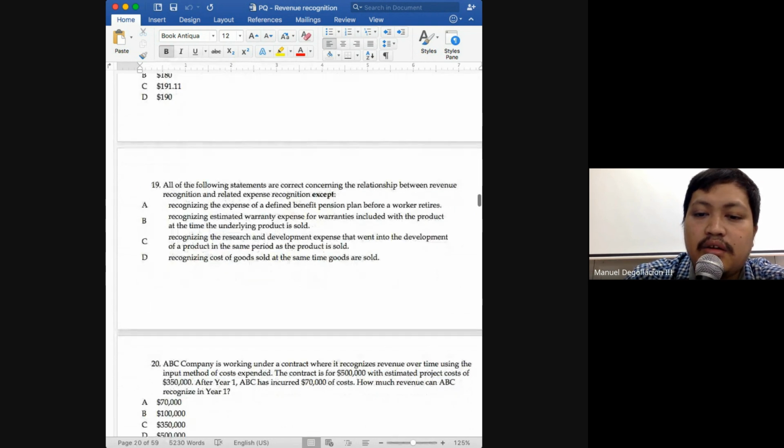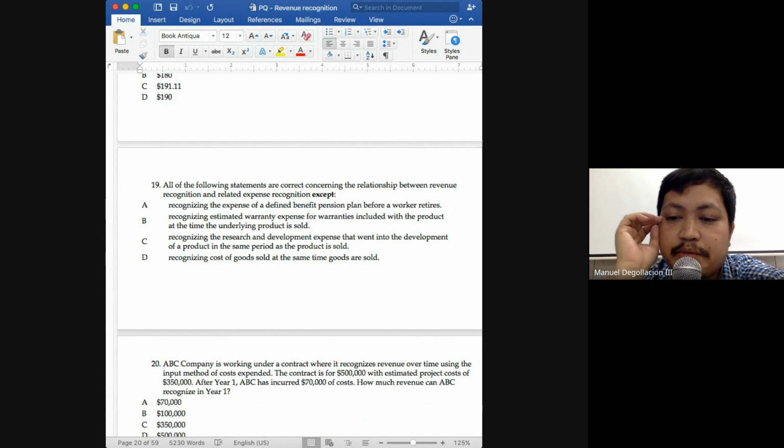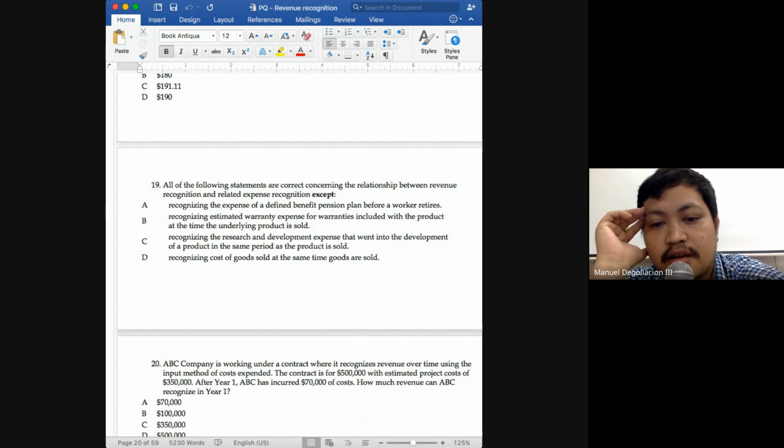Number 19, all of the following statements are correct concerning the relationship between revenue recognition and related expense, except letter A, recognizing the expense of a defined benefit pension plan before a worker retires? Yes, the retirement expense should be recognized as the worker provides service. Letter B, recognizing estimated warranty expense for warranties included in the product at the time the underlying product is sold.